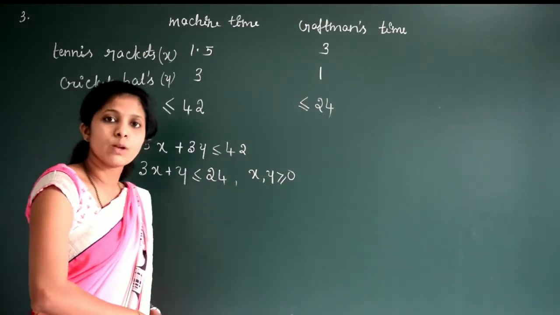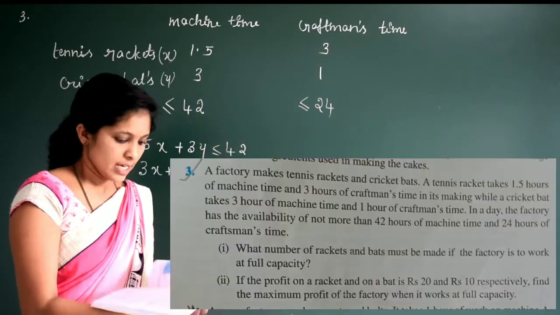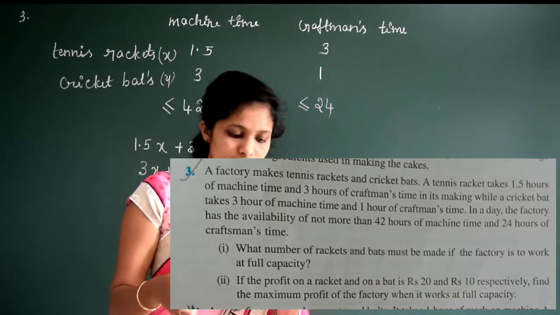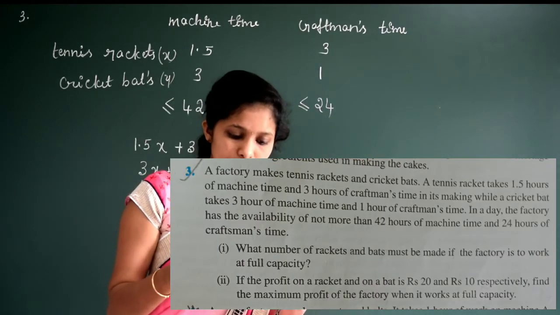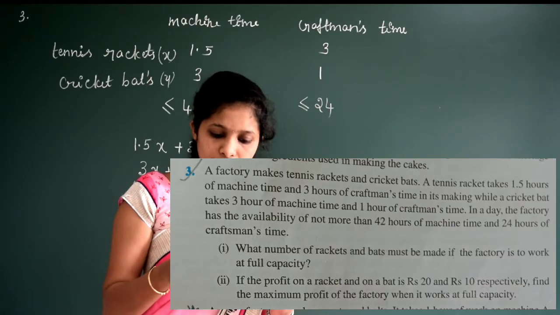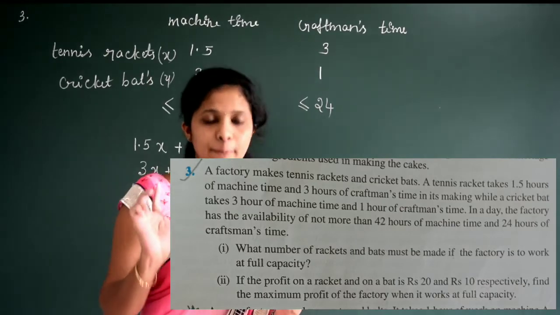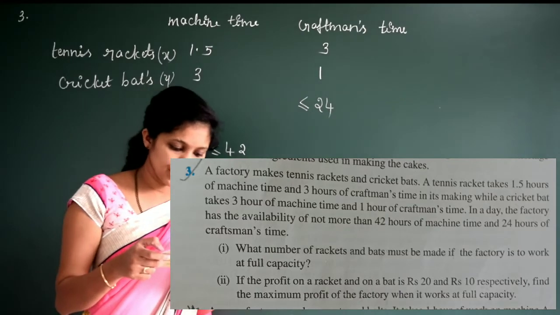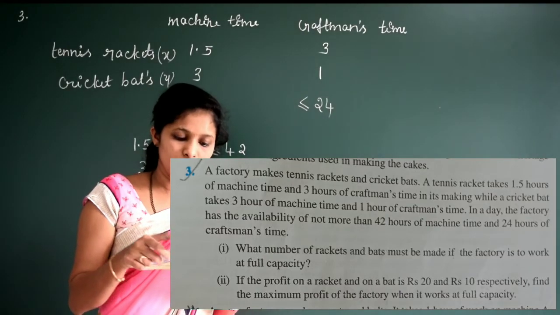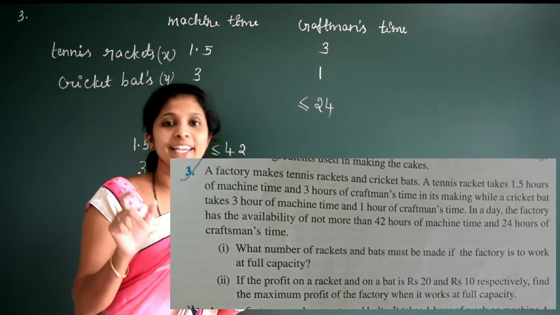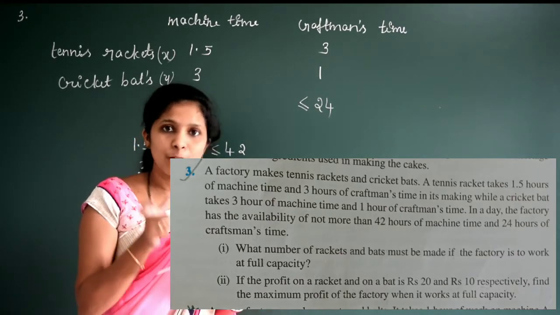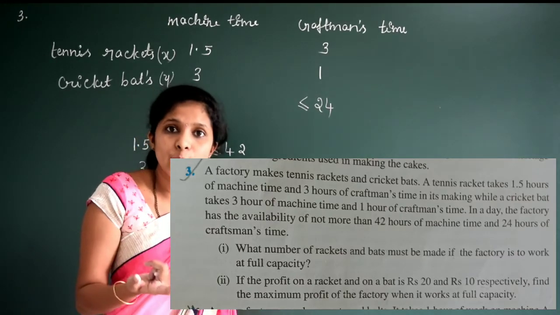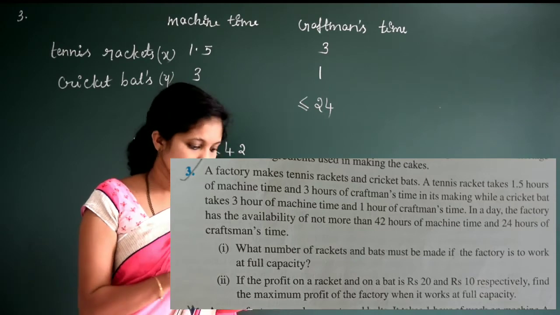Now to solve this problem we need the objective function. See, the question is, what number of rackets and bats must be made if the factory is to work at full capacity? That is the first question. Second question is, if the profit on a racket and on a bat is rupees 20 and rupees 10 respectively, profit is given. Obviously it gives you an objective function, right?